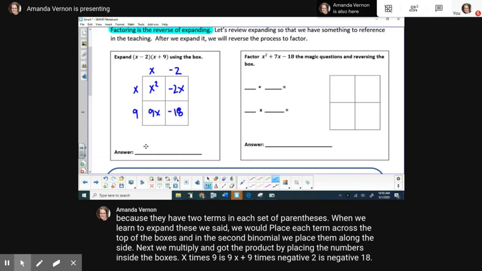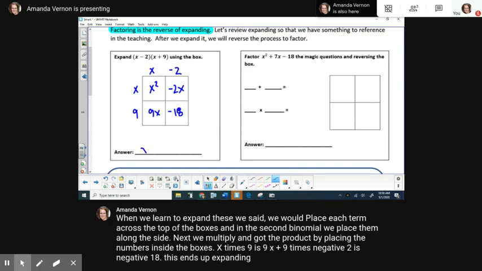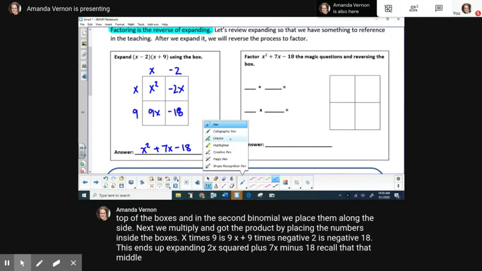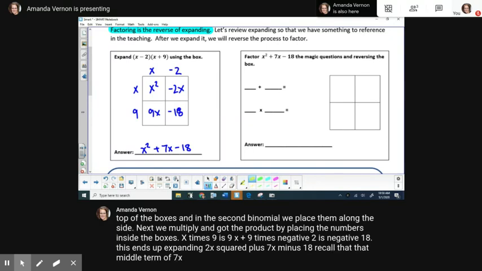This ends up expanding to x squared plus 7x minus 18. Recall that middle term of 7x is found by combining like terms of the middle, or the terms that both have x's.